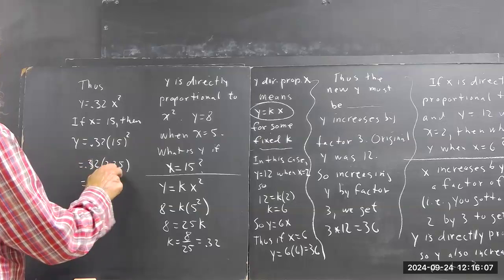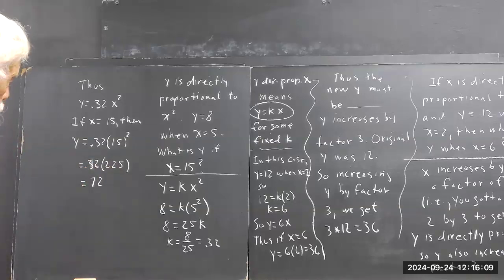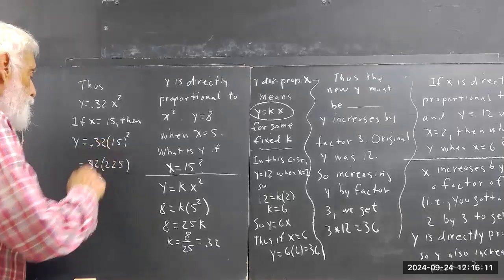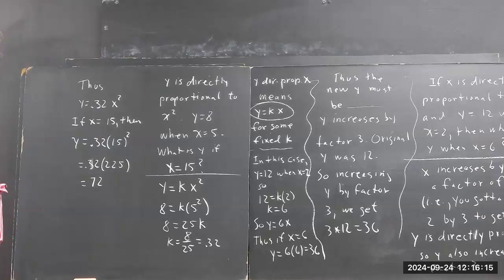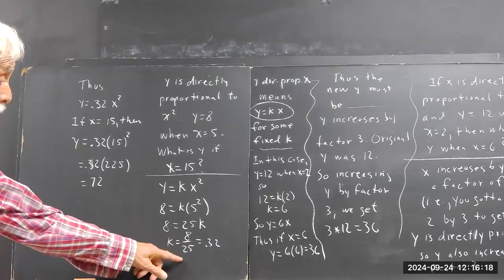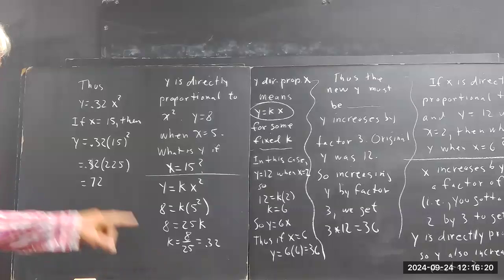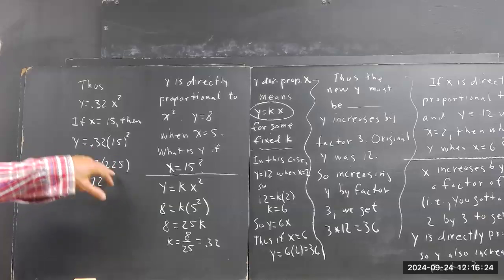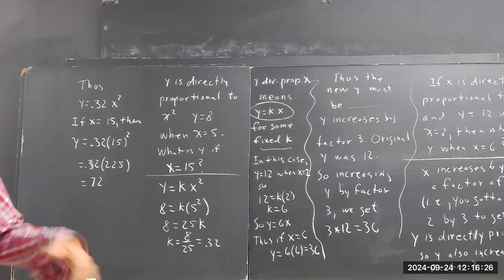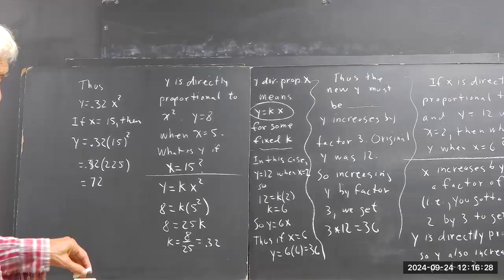But you could easily multiply this, use your calculator if you need to, because a lot of proportionalities, you don't have a simple way to calculate that in your head. But you could have used the 8/25. You could have changed 0.32 to 8/25 at any time. The 25 would have gone into the 225 and made it a pretty simple calculation.